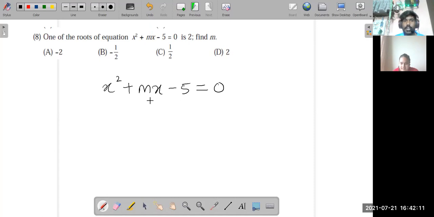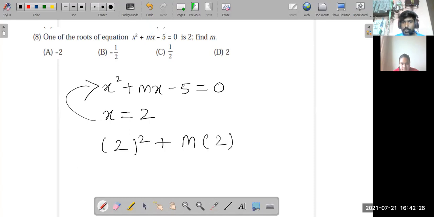Okay, so they are saying that one of the roots of this quadratic equation is 2. So you substitute x equal to 2 in this equation. So this will become 2 square plus m into 2 minus 5 equals 0.